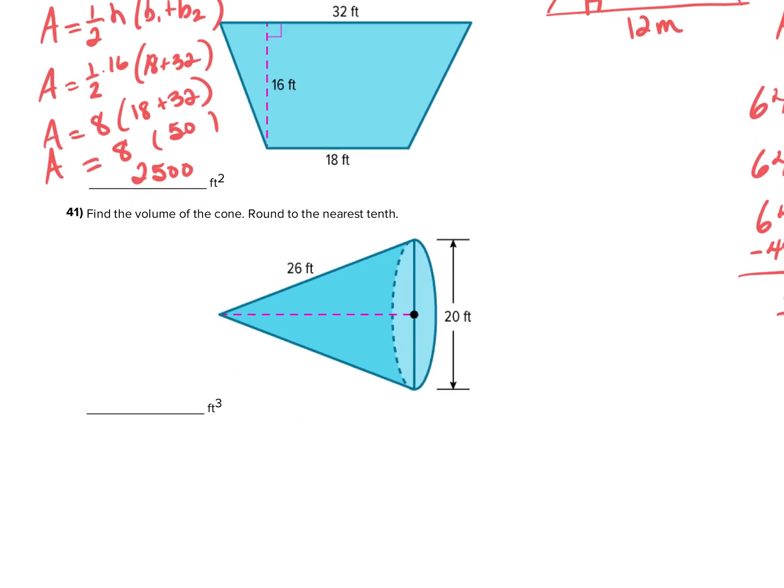Number 41 is asking us to find the volume of a cone. Okay, so if we look at our formulas for volume, our cone is 1/3 pi r squared h, where r is my radius and h is my height.